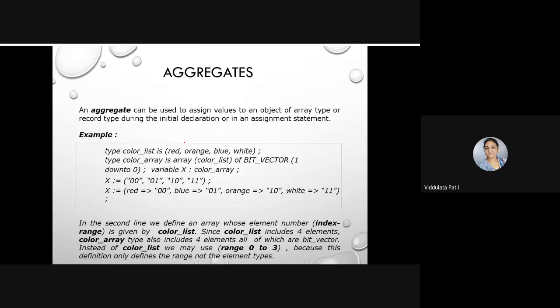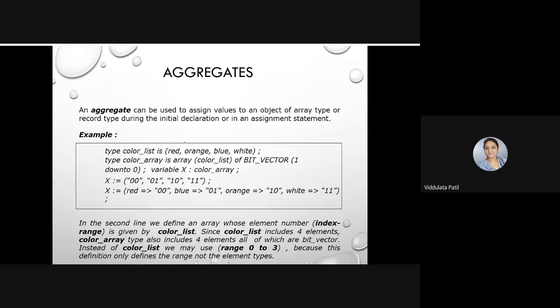Then aggregates can be used to assign values to an object of array type or record type, during the initial declaration or in an assignment statement. Suppose we have the type color list, that is red, orange, blue, and white.